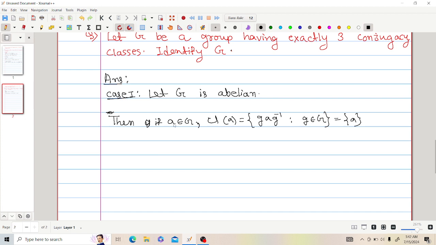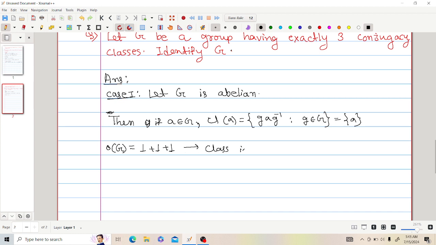So if a is in G, then the class of a is a singleton. So what is the class equation of G? The class equation of G is nothing but 1 plus 1 plus 1, because if we take any element from G, then its class contains only one element.